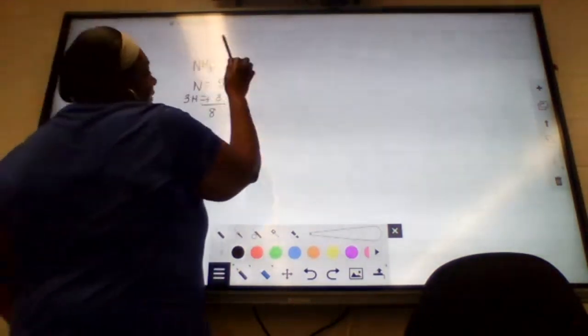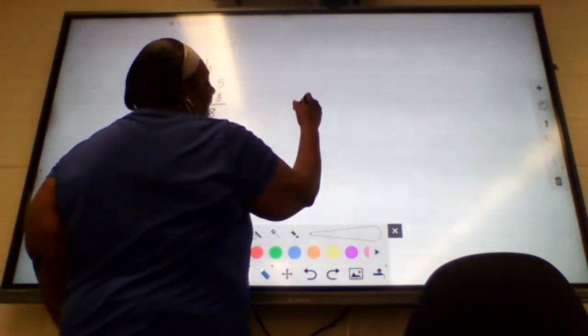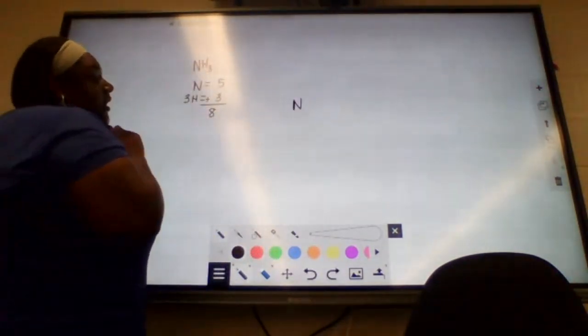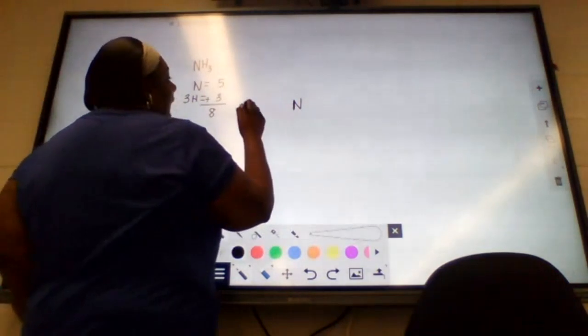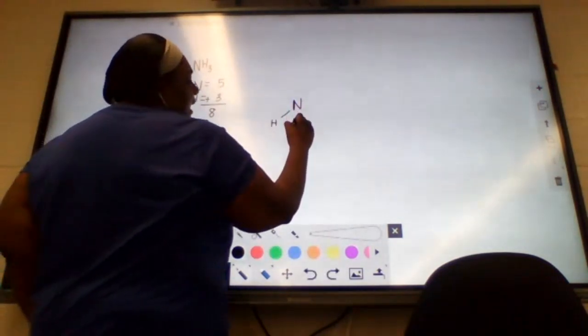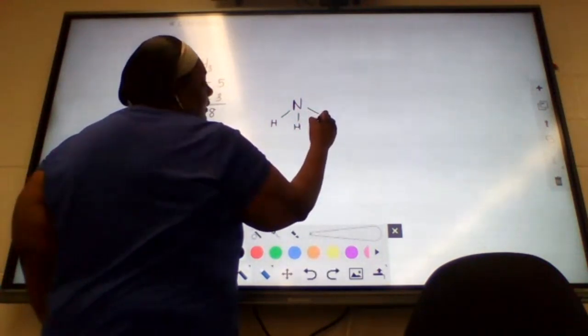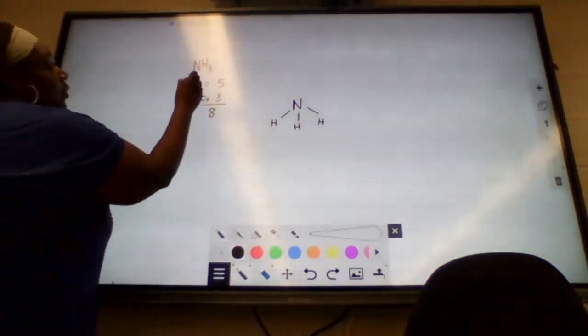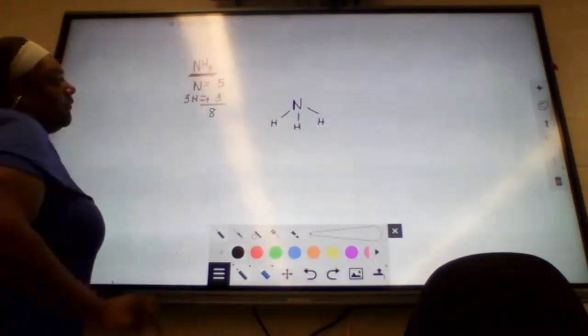All right, so for this compound, we notice that nitrogen goes in the center. But to that nitrogen, I have to have 3 hydrogens that are connected. How did I know I had to have 3 hydrogens? Well, because it told me from the formula.